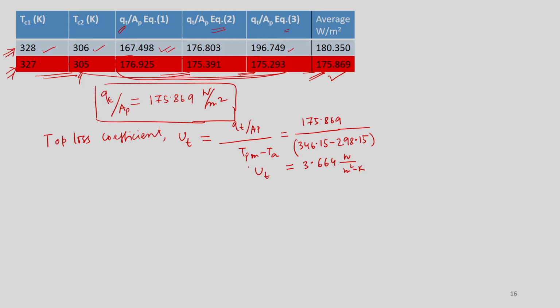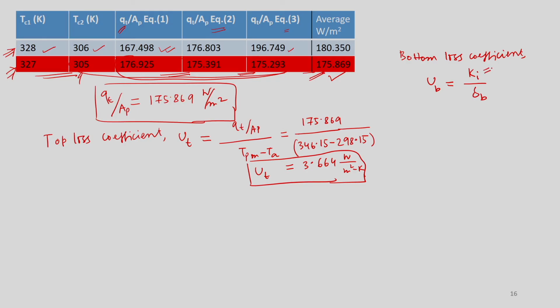Okay. This is UT. So, UT is done, then we can calculate the bottom loss coefficient and side loss coefficient. So, for the bottom loss coefficient, that is UB, it is Ki by delta B. Okay.